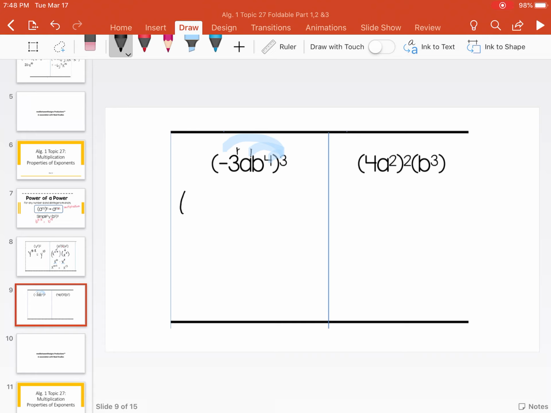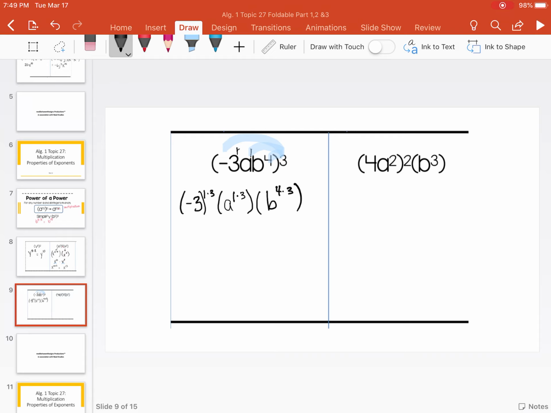So if we were to rewrite this, this is going to be negative 3 to the 1 times 3. We're going to have a to the 1 times 3, and we're going to have b to the 4 times 3.